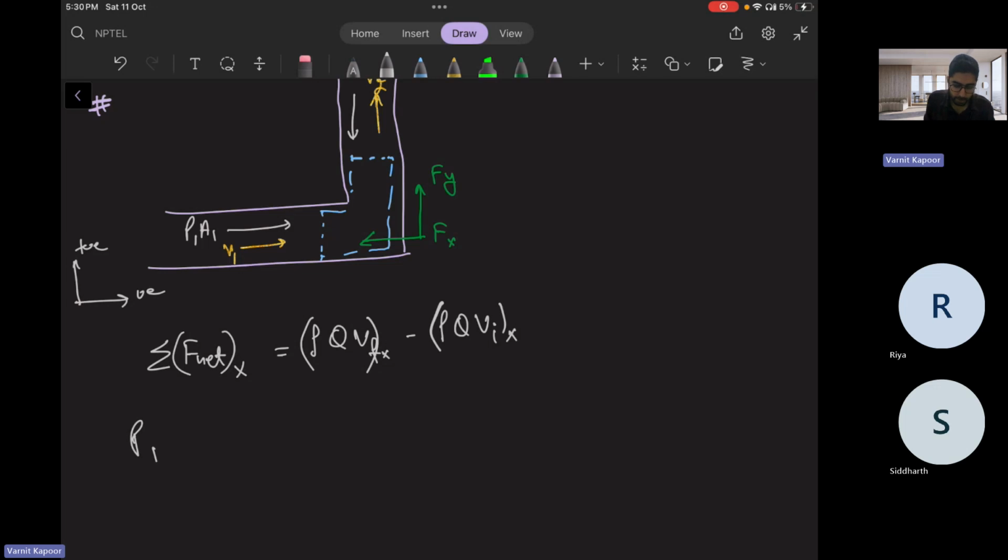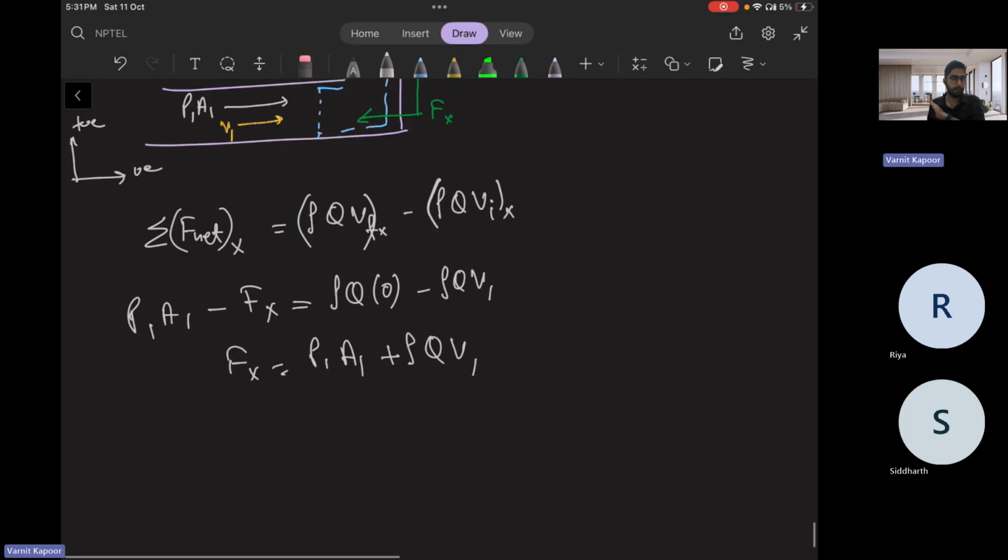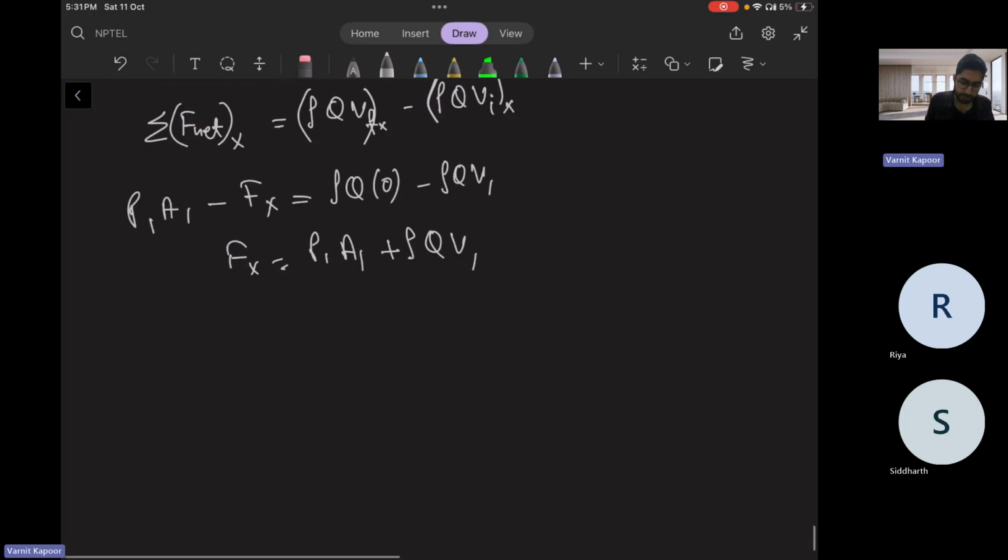P1A1, there is nothing from the right hand side, only minus Fx, is equal to rho Q times final velocity 0, minus initial velocity, rho Q V1. So Fx is P1A1 plus rho Q V1. This is your net horizontal force on the fluid by the bend.